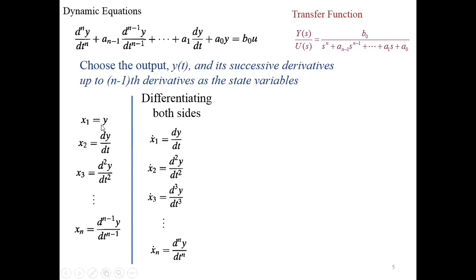Here we can see that dy by dt is also equal to x2. So this will also be equal to x2. This will be equal to x3, and so on. So this technique is called the phase variable technique.